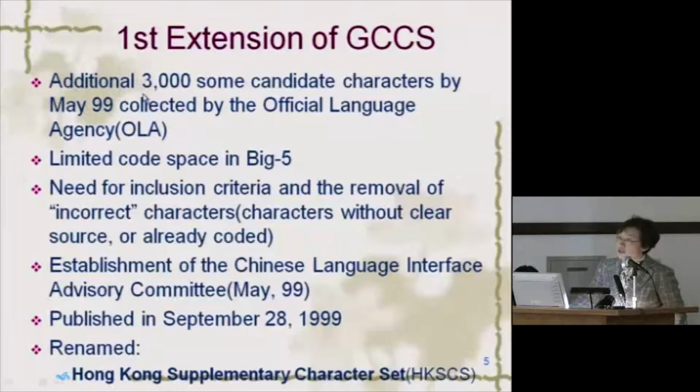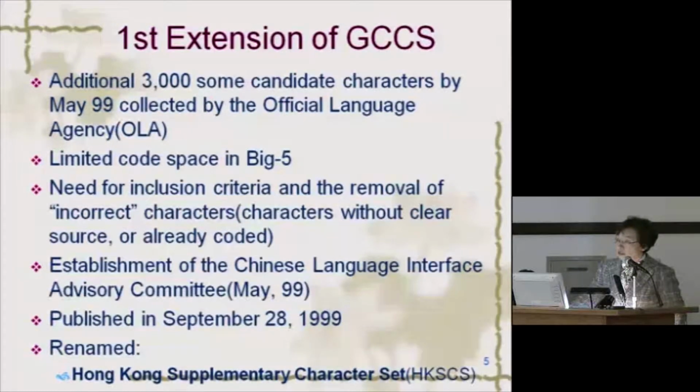In fact, during this process, an additional 3,000 some candidates were used as an input for reviewing the collection.